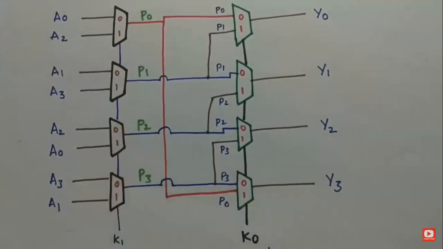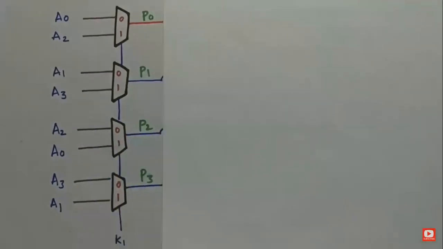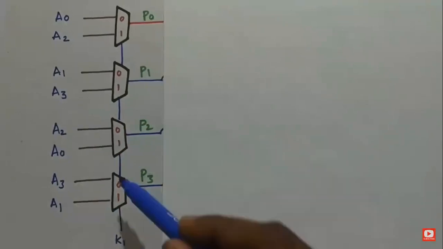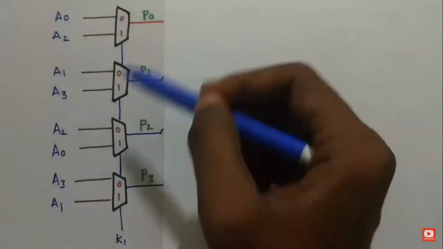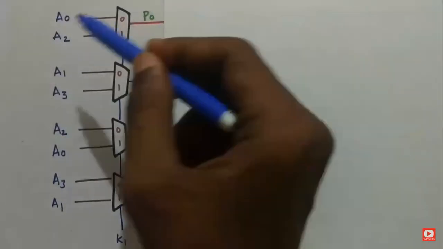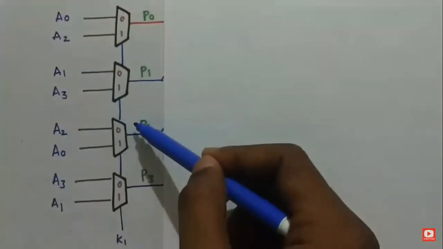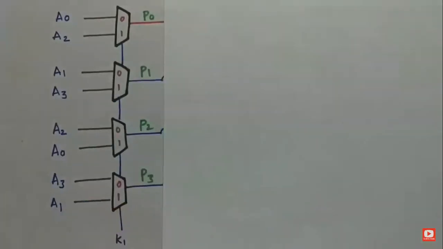What is the operation performed by them? When K1 is 0, that means the select line is 0 for these multiplexers. Every multiplexer has a select line K1. When K1 is 0, P0 is A0, P1 is A1, P2 is A2, and P3 is A3. That's what happens when K1 is 0.